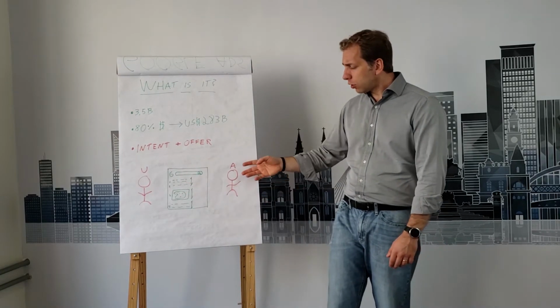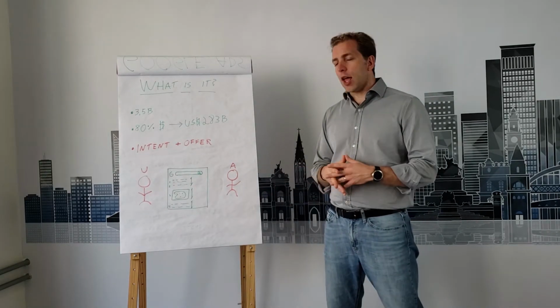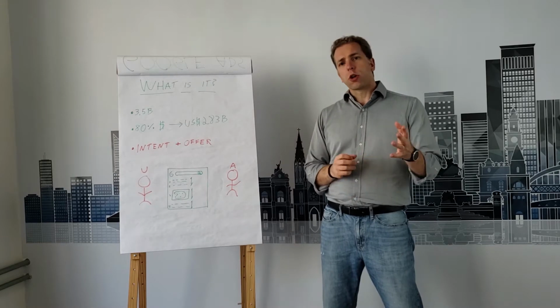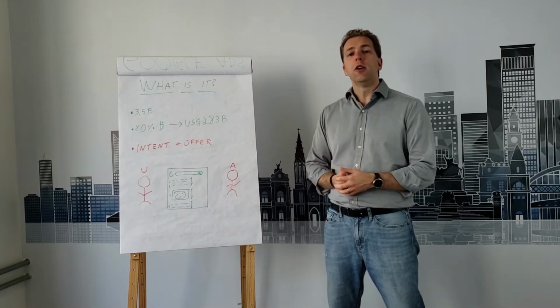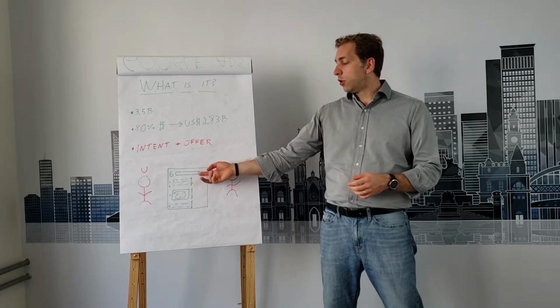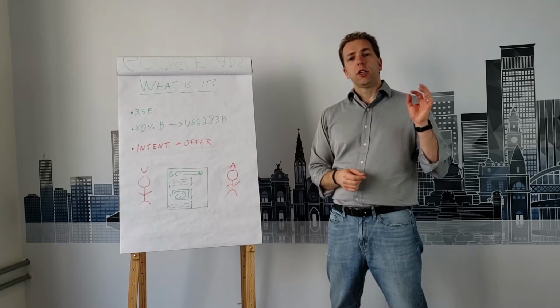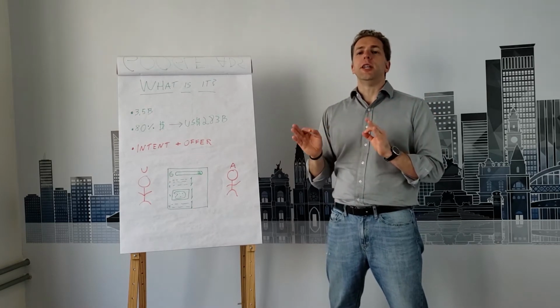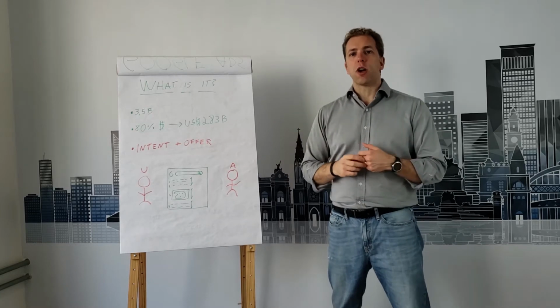So let's say this is you, and you are an insurance broker or an agent, and you have multiple insurance products that you sell. Let's say you want to place an ad when someone types insurance broker near me or insurance broker in the city where you are.